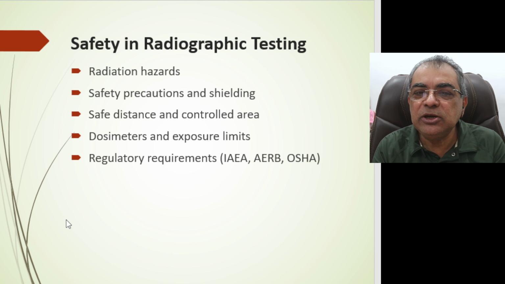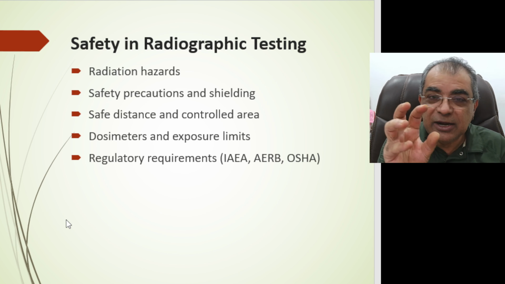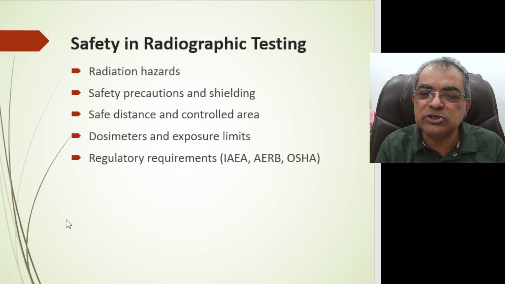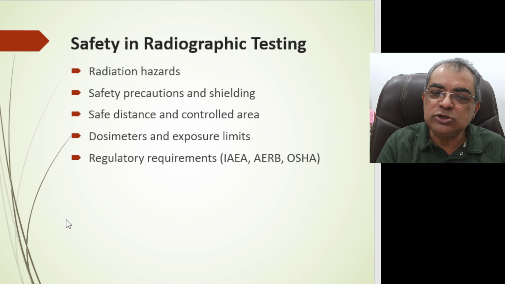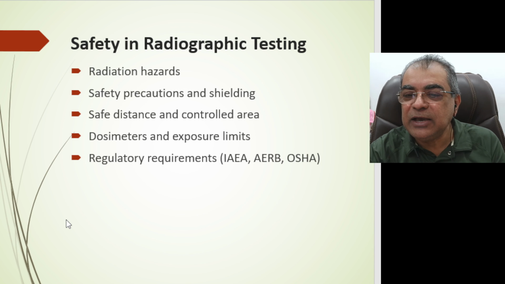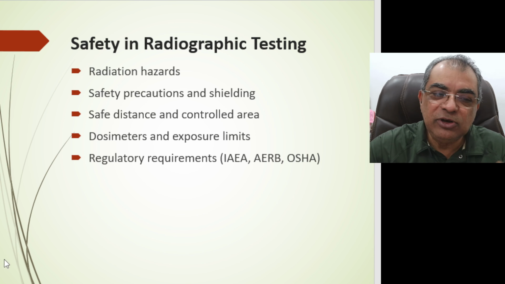Safety in radiography, which we will discuss separately: radiation hazards, safety precautions and shielding, safety distance and control, dosimeters, and regulatory requirements from the IAEA, AERB and OSHA, which we will discuss in a separate training program.